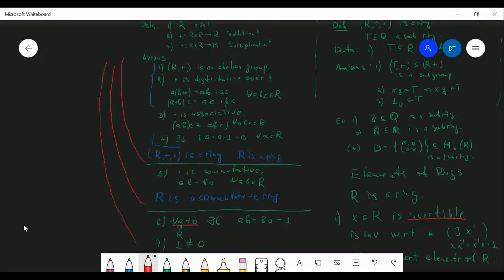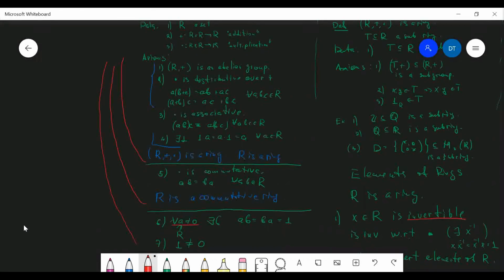Suppose you have all the axioms but the fifth one. Then it's called a skew field. If you have a ring which is not commutative, but every non-zero element is invertible and the identity is not equal to 0, then this ring is called a skew field. It's not really a field, it's a non-commutative field. There is a notion of a non-commutative field, and the term for this notion is a skew field.